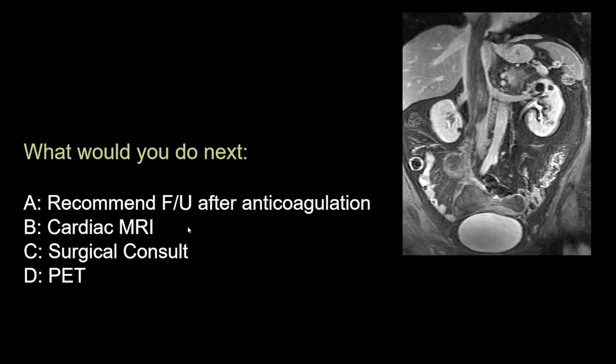Like for the abdominal part, I think consultation with surgery is not wrong, but PET-CT will probably give us whether it is hypermetabolic or not. There is some extension to the heart, so cardiac MR is also helpful. But if we have to go with all these, maybe PET-CT. Definitely not certain. PET would be a great choice.